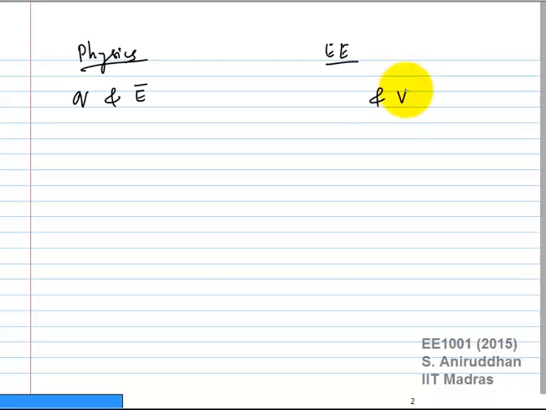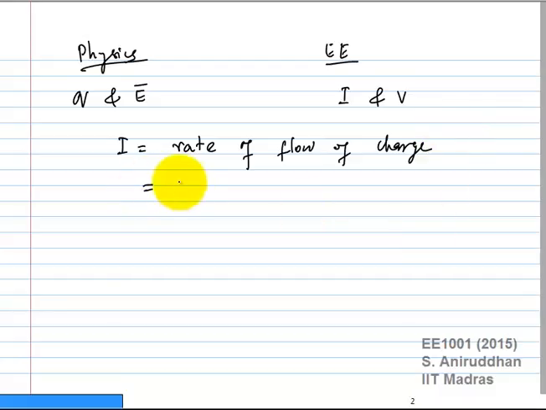You would have heard of something called current, which is normally represented by the letter I. Okay, what is the relationship between I and charge? It's a rate of flow of charge. Okay, so this is nothing but the rate of flow of charge.